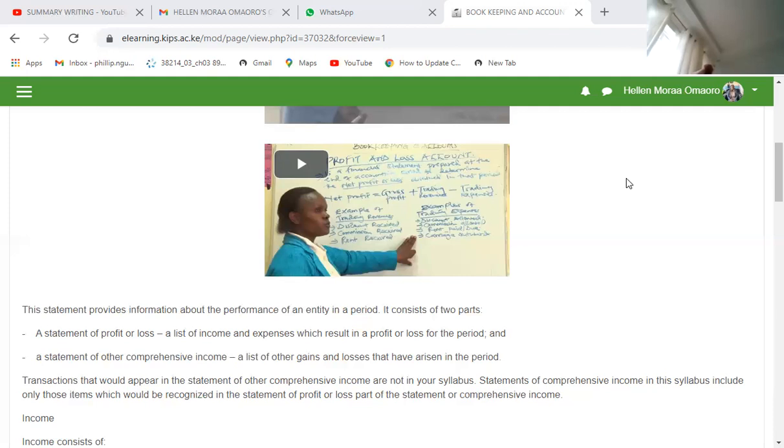That's how you get the net sales. Now what are return inwards?